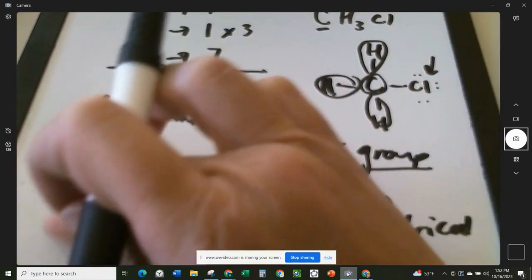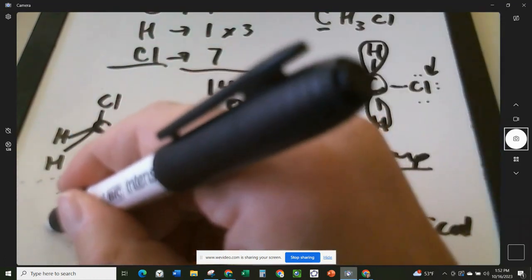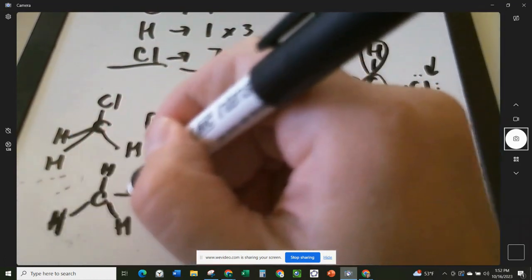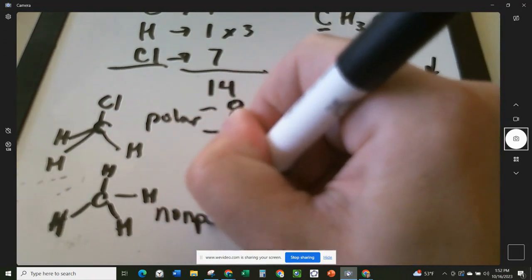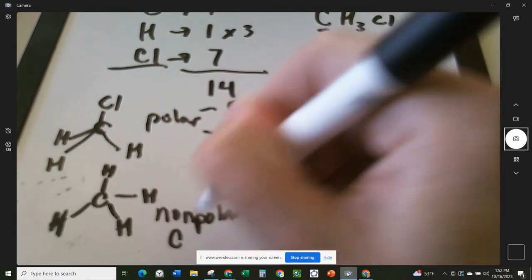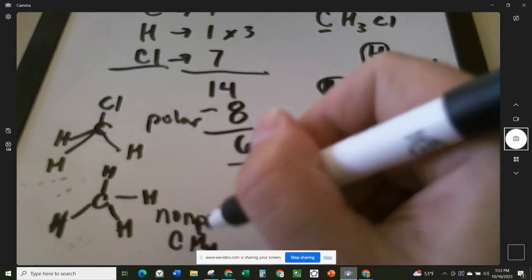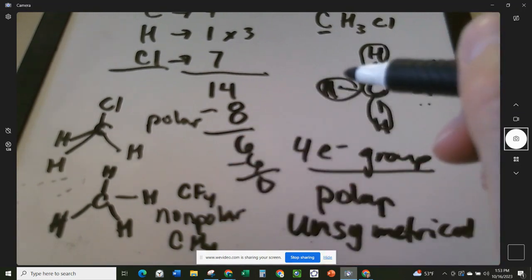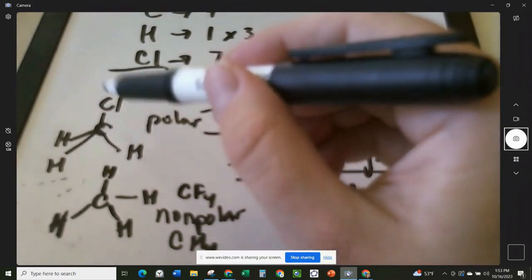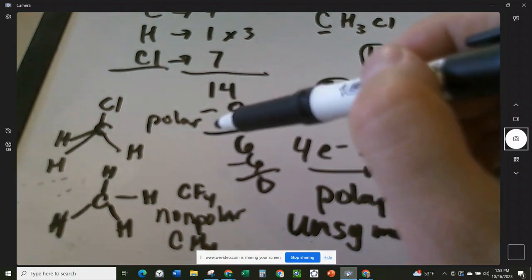If we had all of the same groups, this is going to be nonpolar. So something like CH4 would be nonpolar, or CF4 would be nonpolar. Okay, but as soon as we add one or more different groups, that's going to be polar.